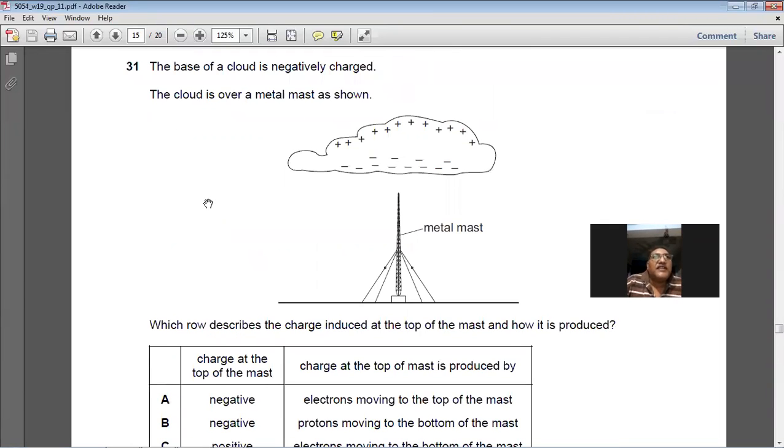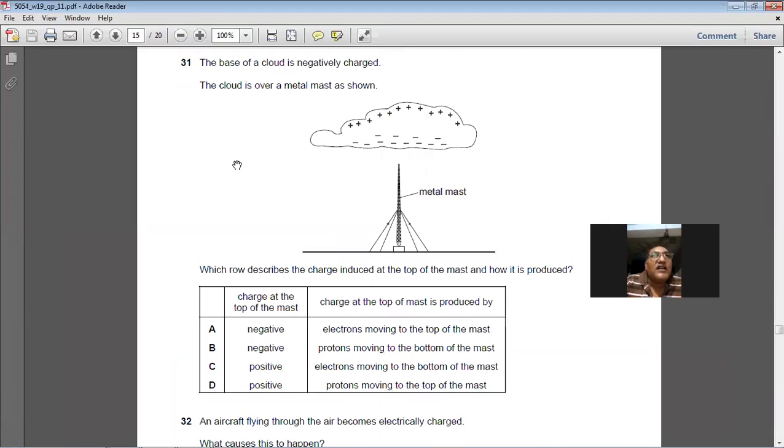Question number 31. The base of a cloud is negatively charged. The cloud is over a metal mast as shown. Which row describes the charge induced at the top of the mast and how it is produced? Okay, you know the bottom of the cloud is negative. So what will happen? All the electrons here will be repelled and they will go down to the earth.